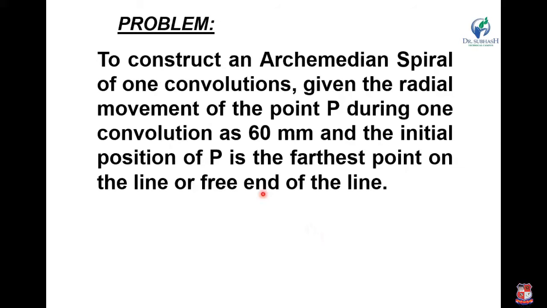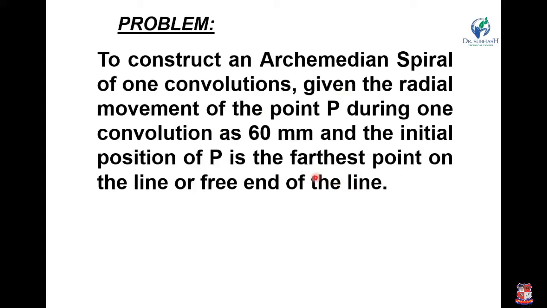Now one problem. To construct an Archimedean spiral of one convolution, given the radial movement of the point P during one convolution as 60 mm, and the initial position of P is the farthest point on the free end of the line.